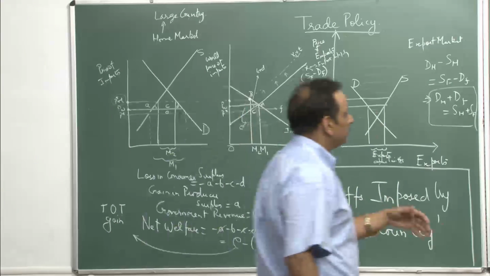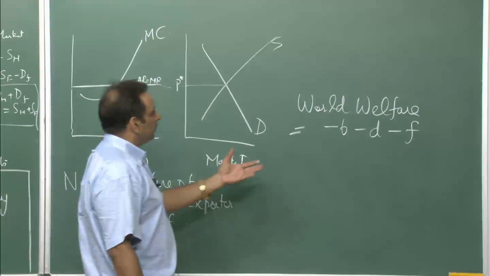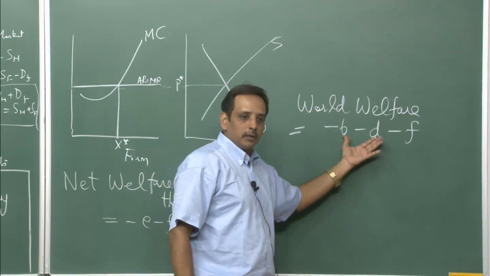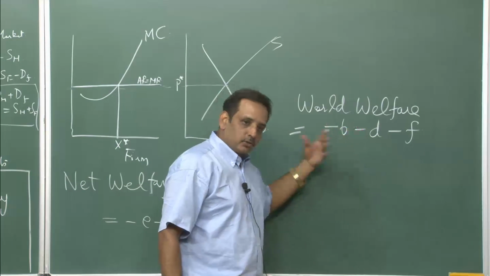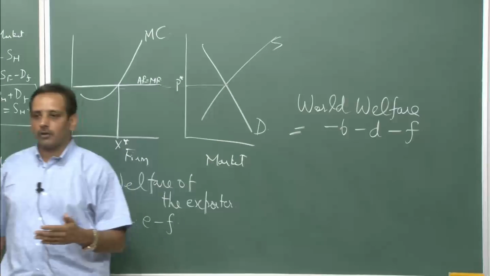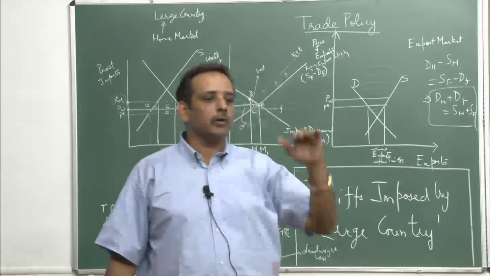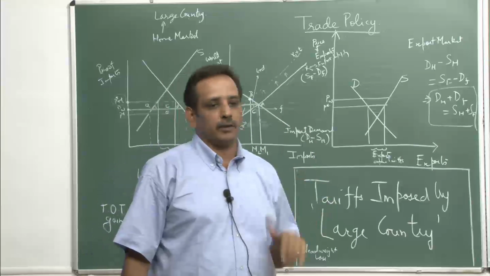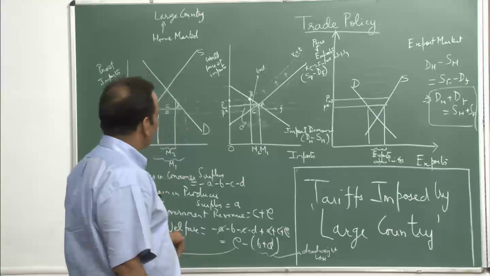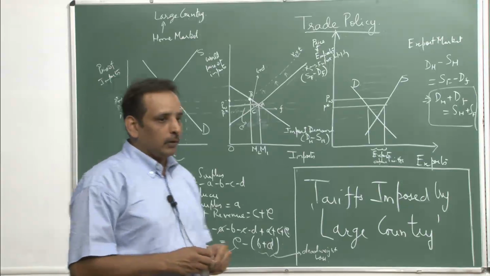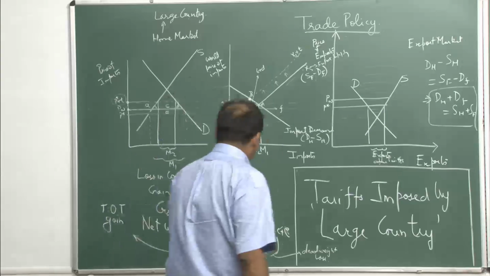So the logic is that the world welfare goes down, because tariffs create distortions in the home and the foreign country. So the world welfare goes down when a country imposes tariffs. So, it is like the deadweight loss.